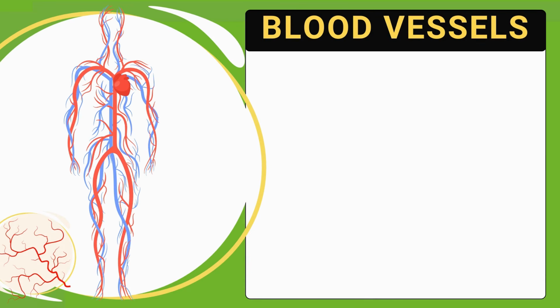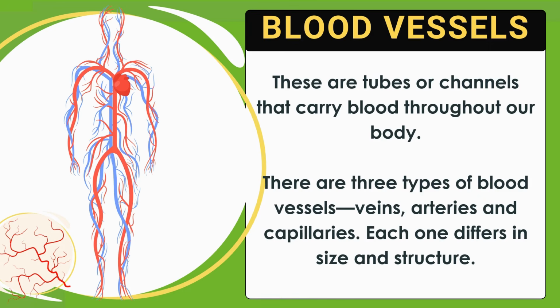We also have the blood vessels. These are tubes or channels that carry blood throughout our body. There are three types of blood vessels: veins, arteries, and capillaries. Each one differs in size and structure.